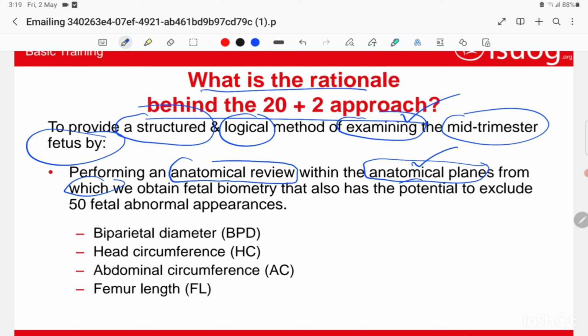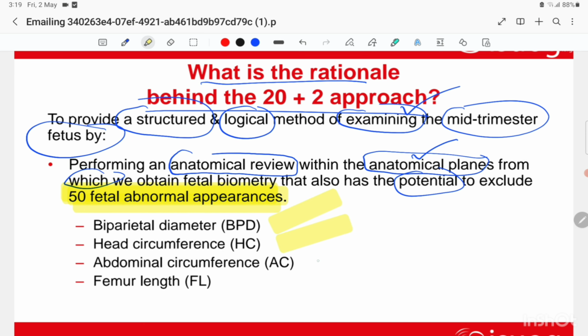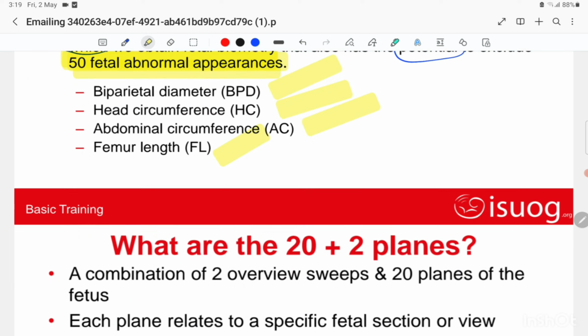This approach also has the potential to exclude all the 50 abnormal congenital abnormalities. So basically you have to do BPD, head circumference, abdominal circumference and femoral length.